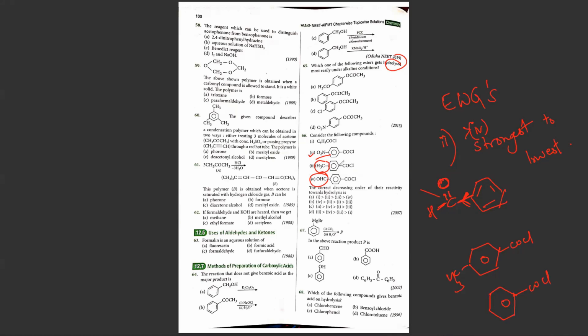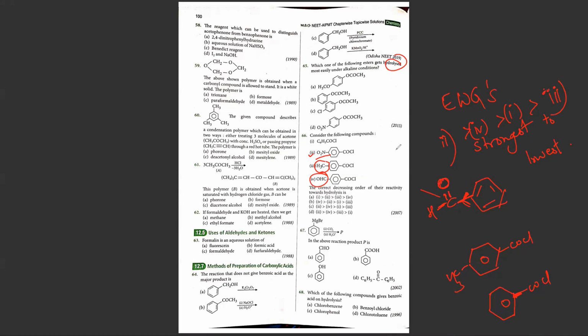Your phenyl is there, so next will be your first one, and then comes your electron donating group. Sorry, first one, I've confused here. So this will be the third one. First one, and then comes your third one.